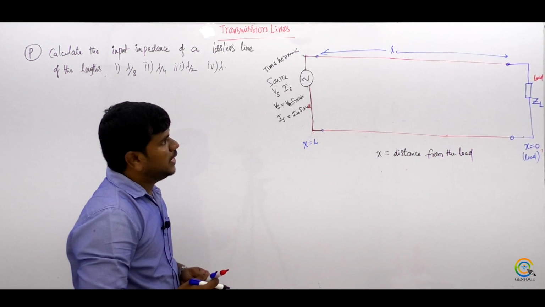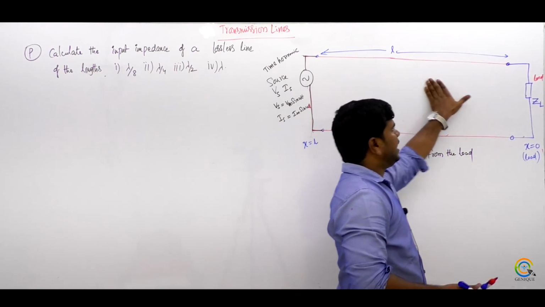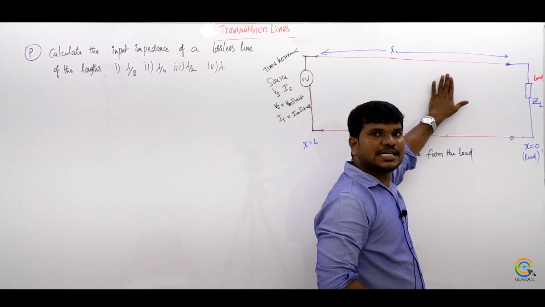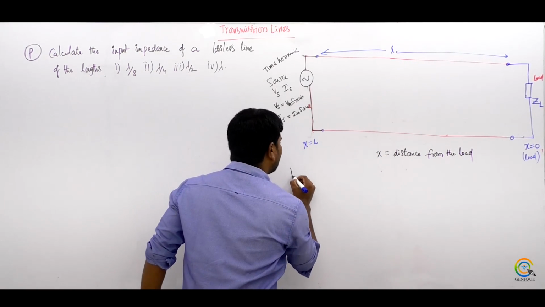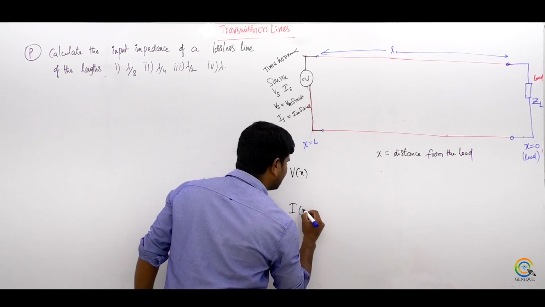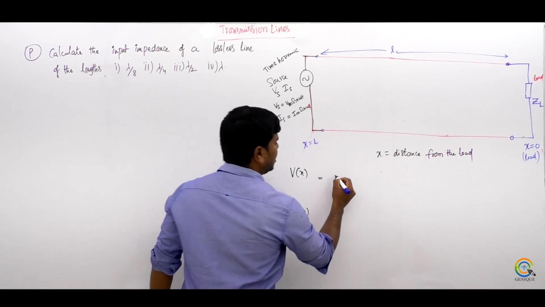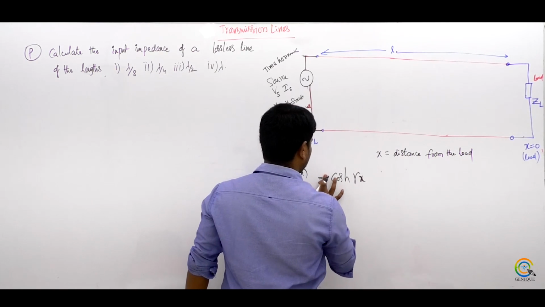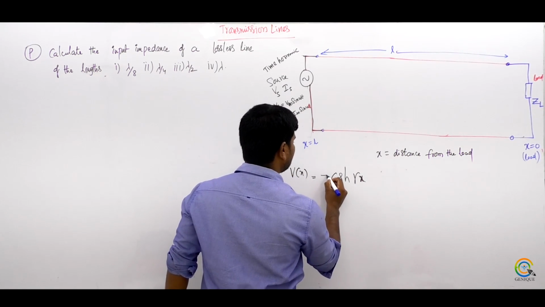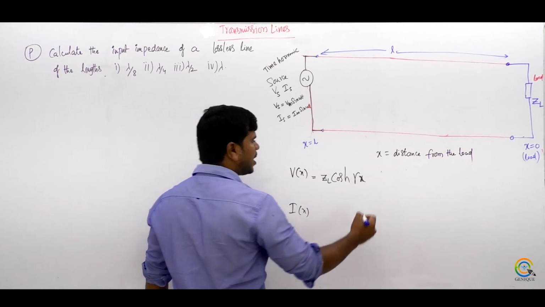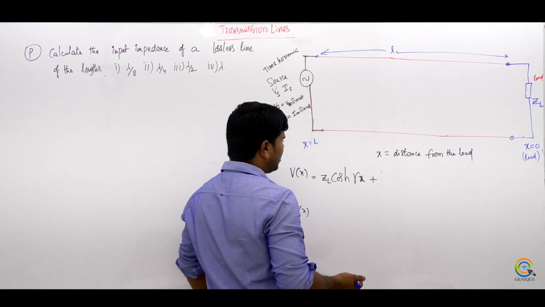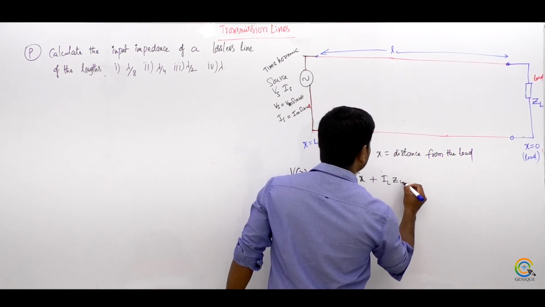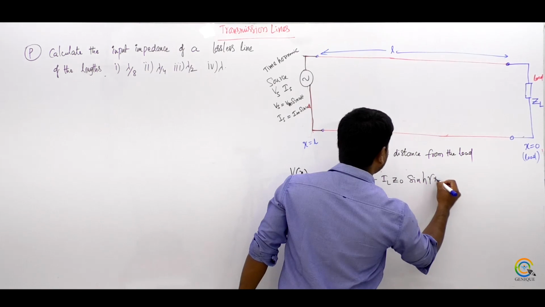So for this, it will generate an EM wave, a VI wave, having the voltage and current waves. The voltage and current waves V of x and I of x are given as: V of x equals VL cosh gamma x plus IL into Z naught sinh gamma x.